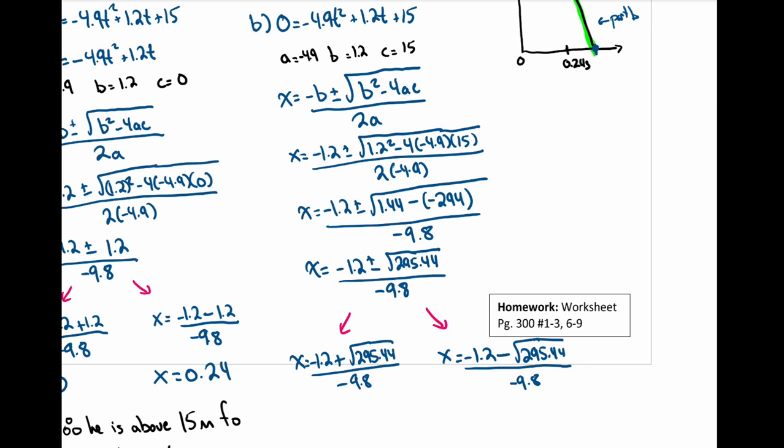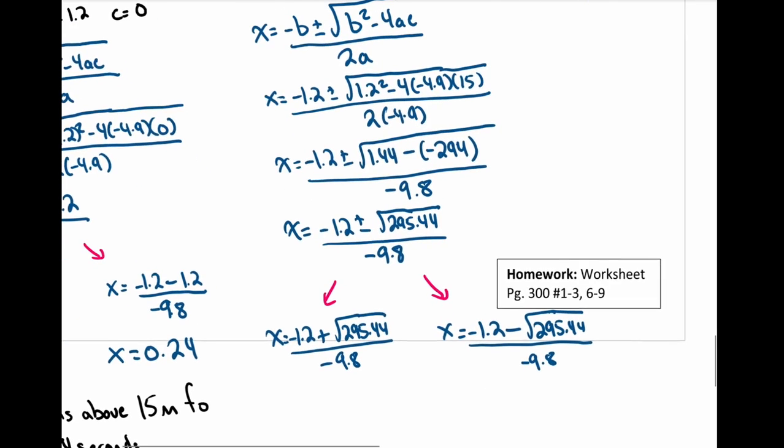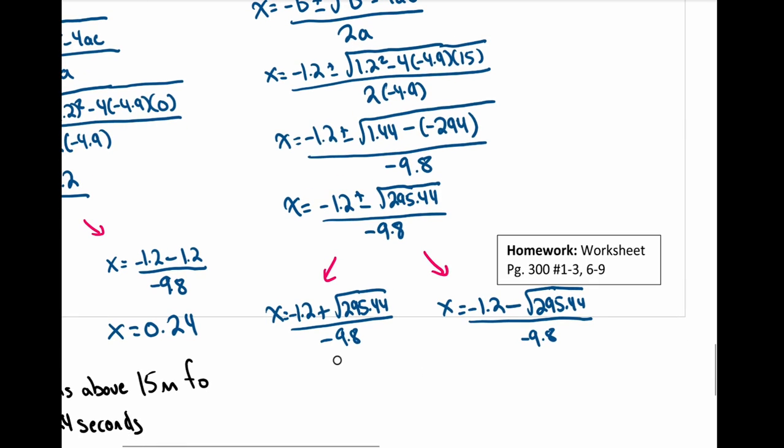You might be able to recognize that in the first one, I'm going to get a positive divided by a negative, which will leave me with a negative x value, which doesn't quite make sense in this scenario. So we could just ignore that one and focus on the second one.